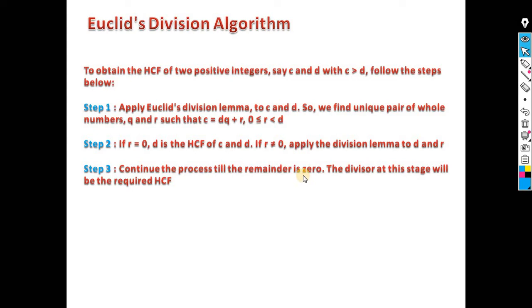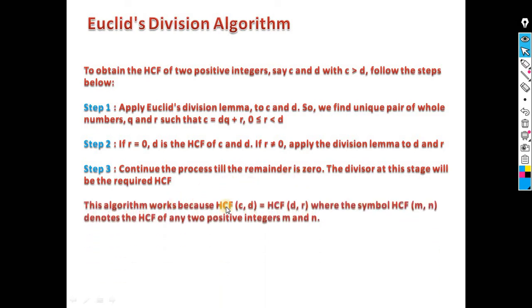This is where you identify the HCF of the two given integers. So HCF of C, D is equal to HCF of D, R, and that will be your final HCF. Whenever your remainder is 0, the divisor will be your HCF. We will see a couple of examples and then you will understand it easily.